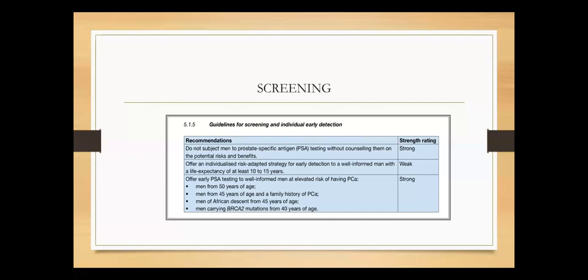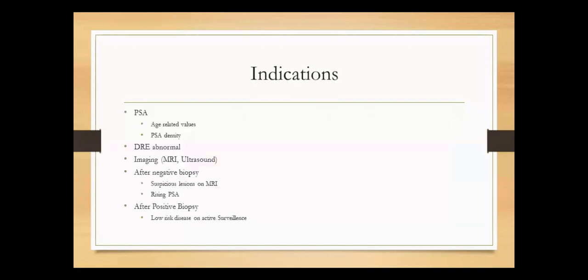Men of African descent above the age of 45. We also recommend a prostate biopsy if they have an elevated risk of having it. Men carrying the BRCA2 mutations from the age of 40, we also recommend a prostate biopsy.